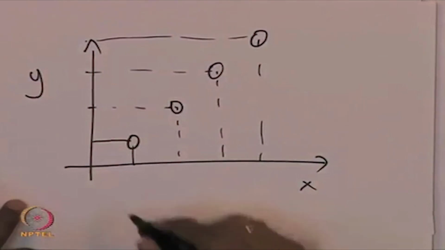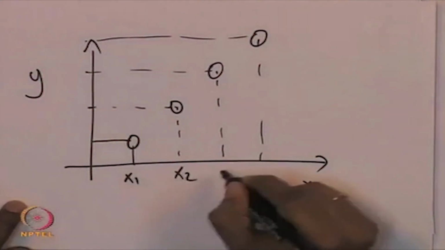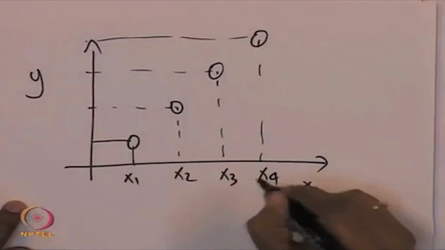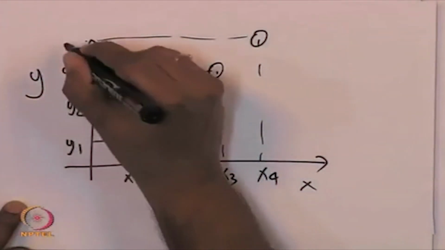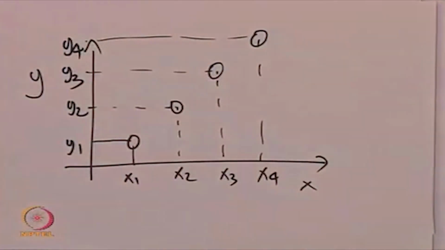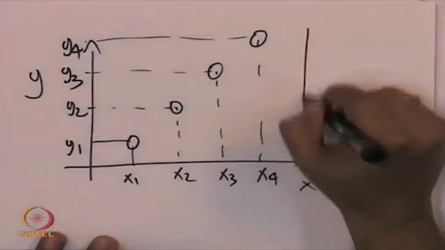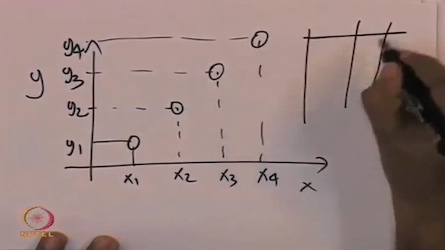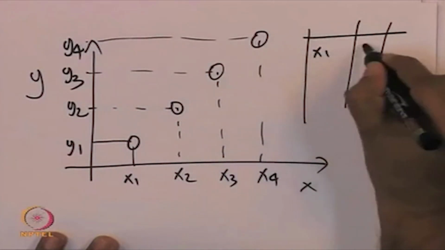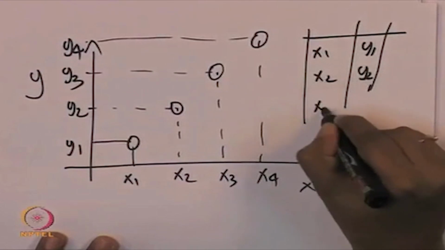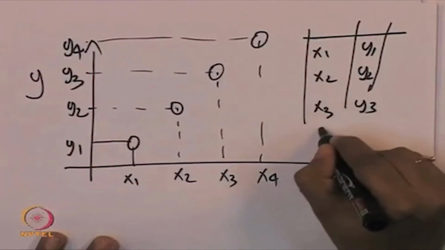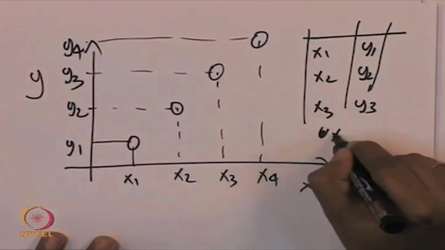Now, let me call these x1, x2, x3, x4, y1, y2, y3, y4. Now, one simple question that might arise is that here I have this table which I got from experiments, which are basically x1 and y1, x2 and y2, x3 and y3, and x4 and y4.